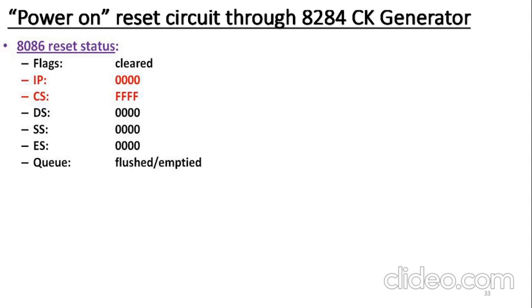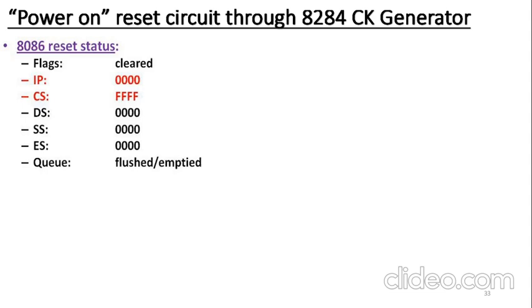All these segment registers will be 0000 hexadecimal except the code segment register, which is equal to FFFF hexadecimal. And then the contents of queue, prefetched instructions, will be emptied, will be flushed, means forcefully removed immediately after reset.